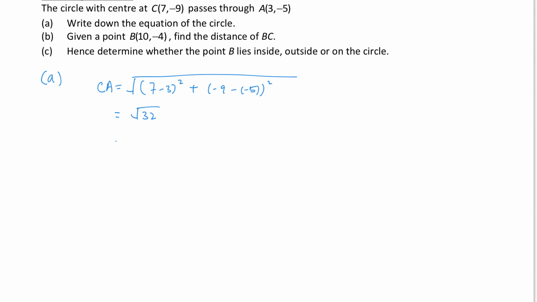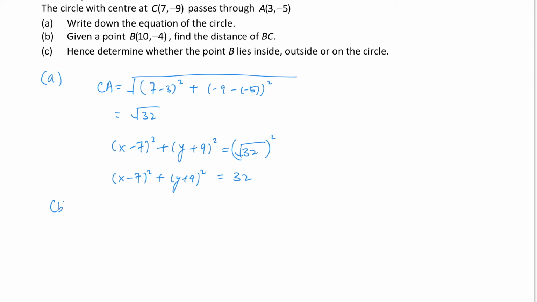Then the equation of circle, (x − 7)² + (y + 9)² is equal to (√32) squared, which is 32. So this is the equation of circle.